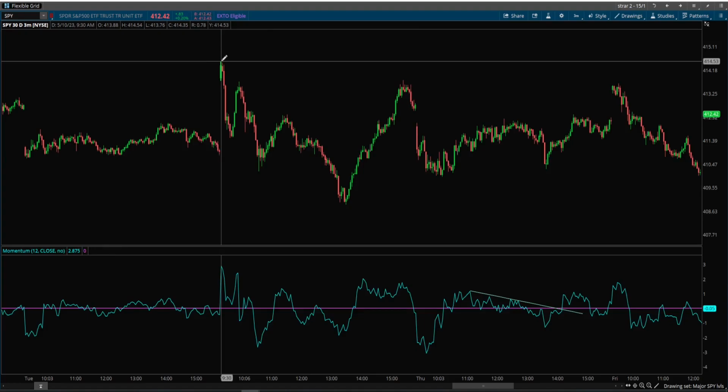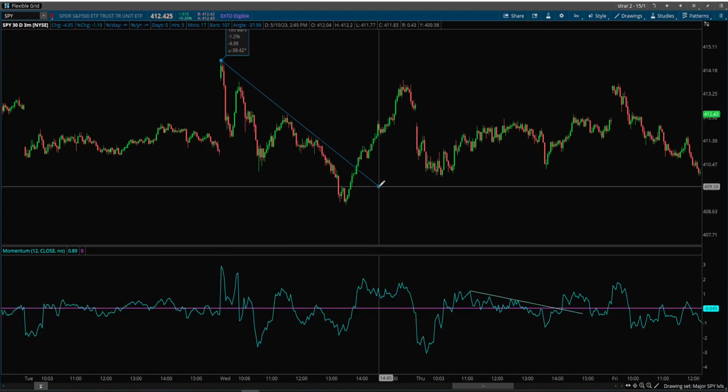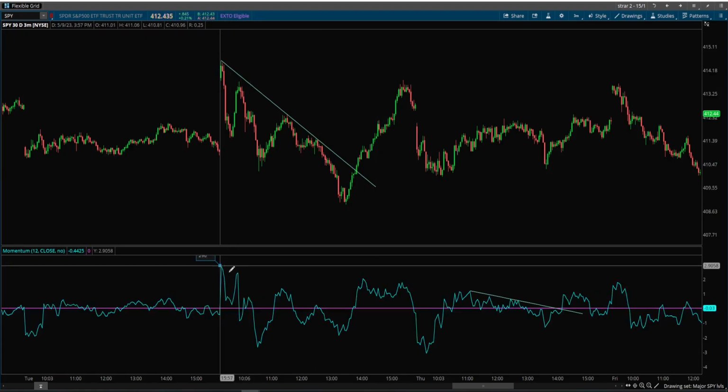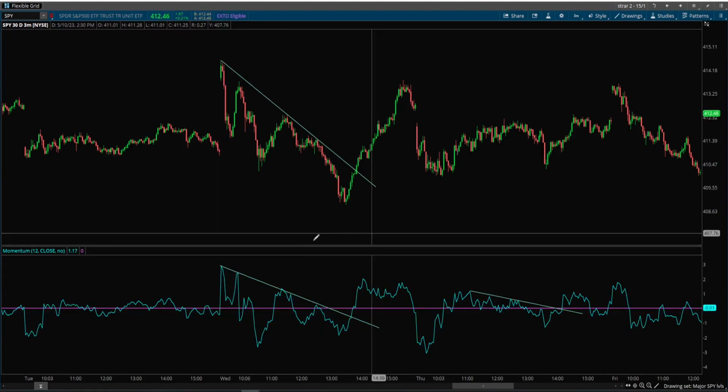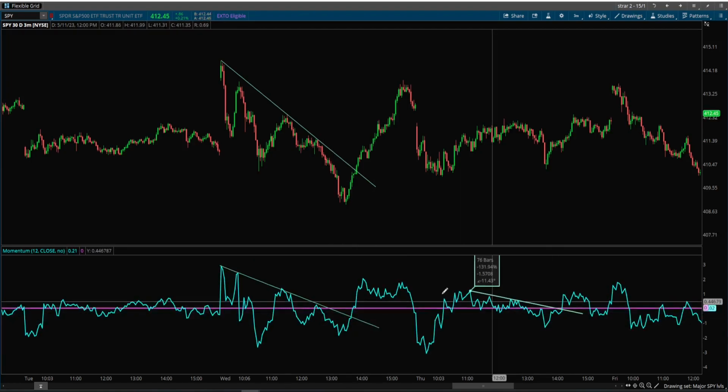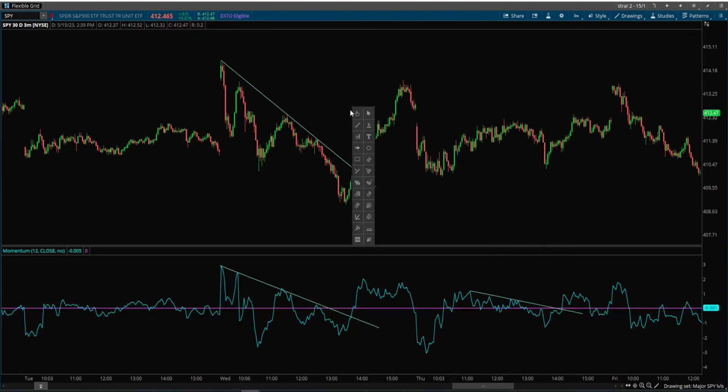So say you're looking at the S&P 500 here, and you identify this really nice downtrend line, right? And you go into the momentum and you identify the same downtrend. You usually get momentum breaking out of the trends before the price does, because typically the momentum does lead the price.